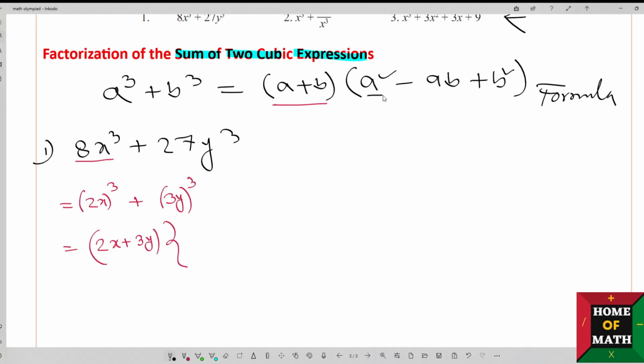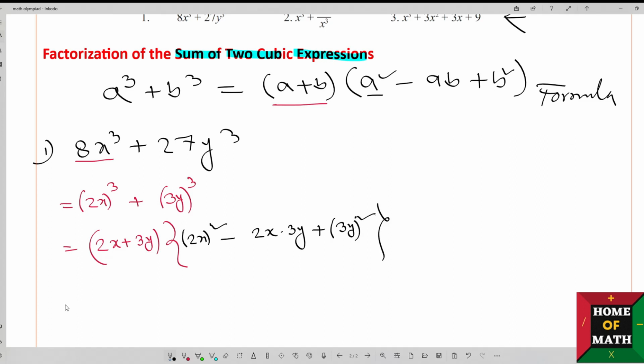Then here is a square. A square means (2x) square. Then minus, a means 2x, b means 3y, plus b square. B square means (3y) square.